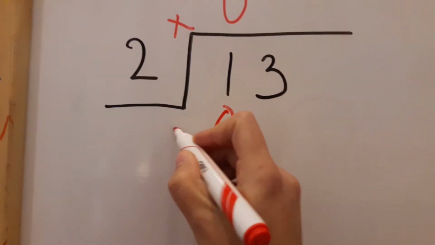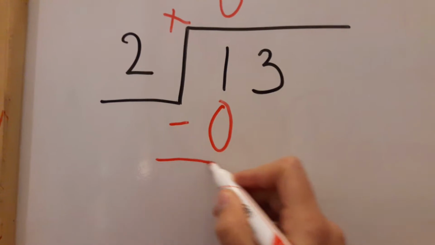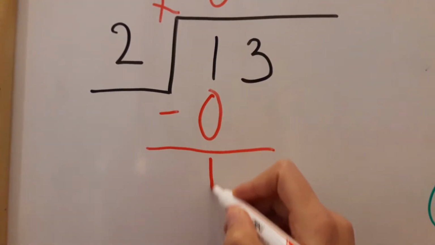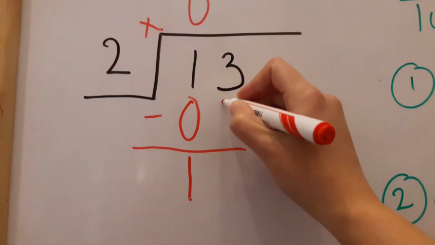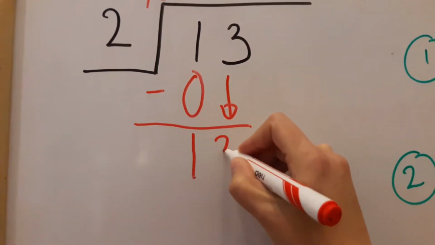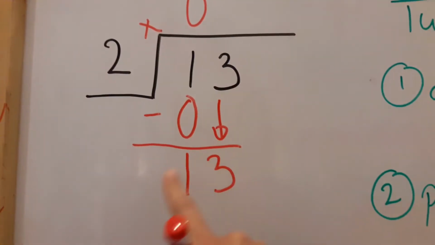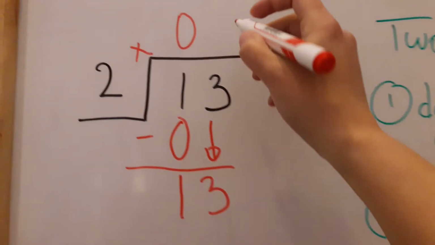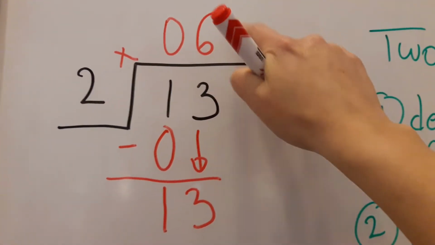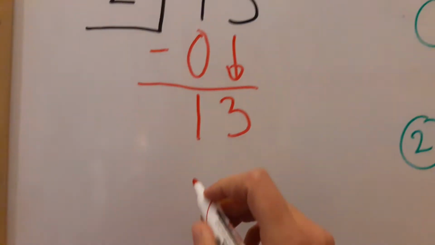Then we subtract: 1 minus 0 is 1. Then we bring down the 3. Now, 2 times what gives me 13, or a number closer to 13? It's 6. 6 times 2 is 12.